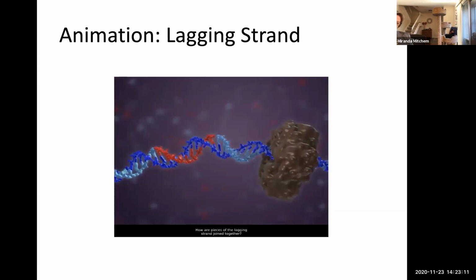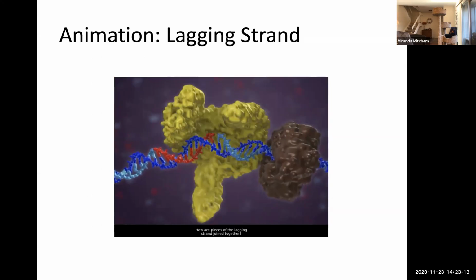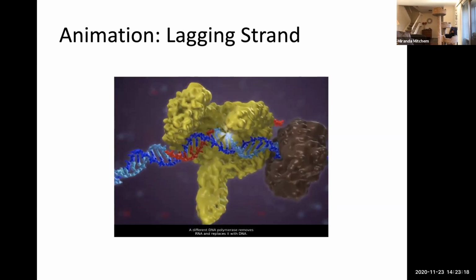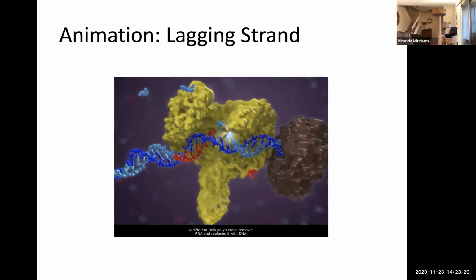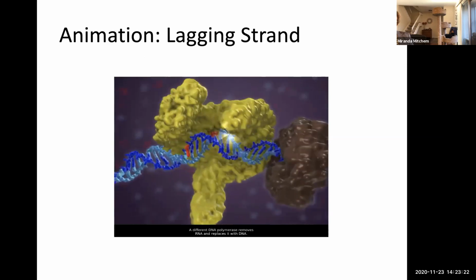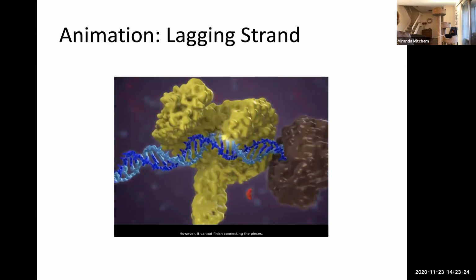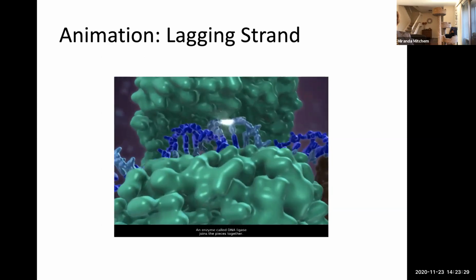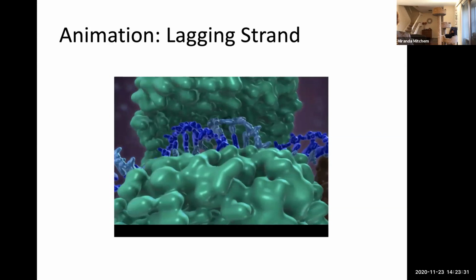How are pieces of the lagging strand joined together? A different DNA polymerase removes RNA and replaces it with DNA. However, it cannot finish connecting the pieces. An enzyme called DNA ligase joins the pieces together. So the lagging strand does take more time because it has more work to do. And it also uses more materials.